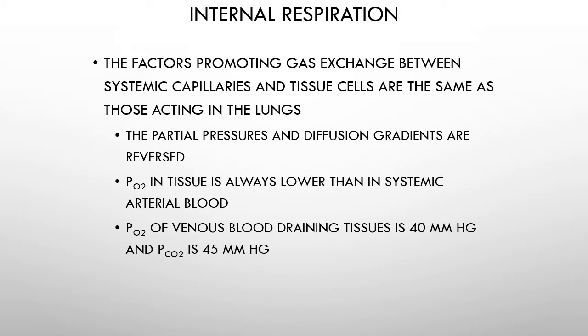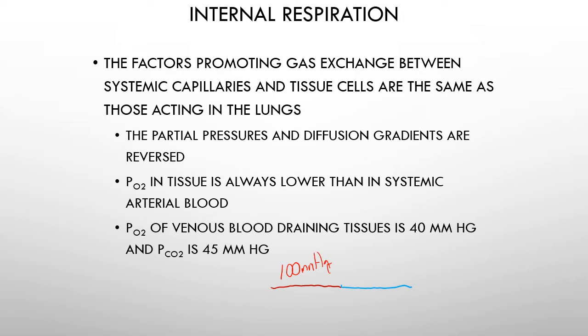And so essentially as we move through the capillary bed here, we eventually change the PO2 that we have on either side. And so on the arterial side, we're going to have a PO2 somewhere around 100 millimeters of mercury.